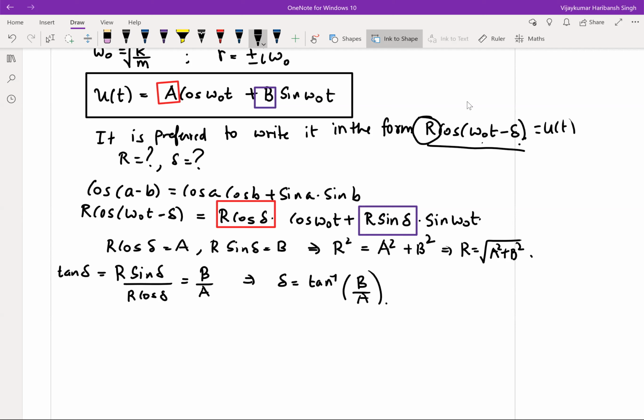So now we get this. We get omega naught is the square root of K over M, which is called the natural frequency.